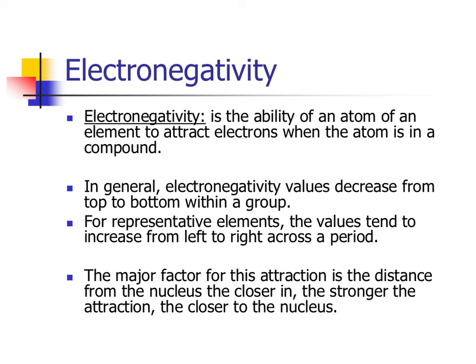Now, when it comes to ionization energy and electronegativity, we're dealing with the main group elements. That would be groups 1, 2, 13 through 18. And in all reality, electronegativity doesn't have any bearing on group 18 because they have their octet. They're not really going to add any to them.